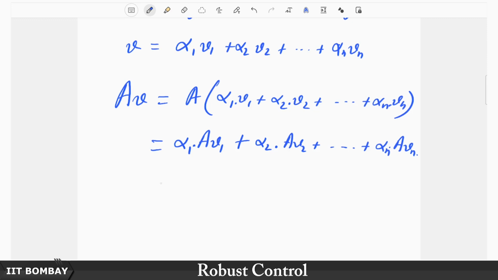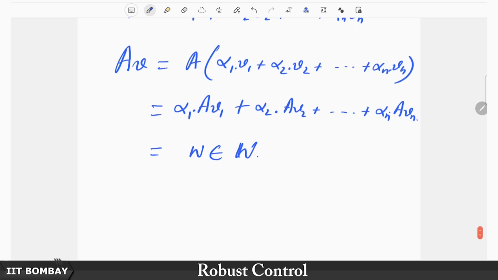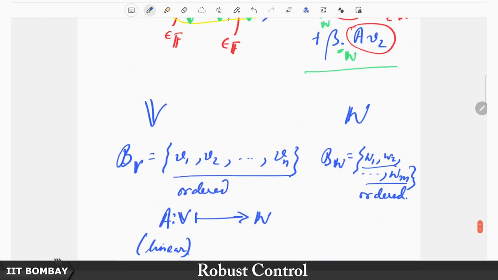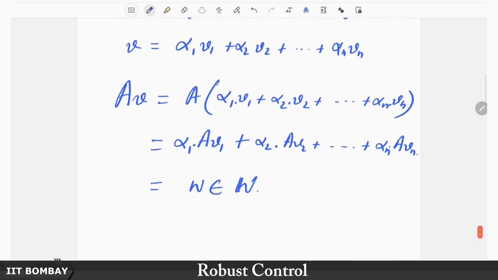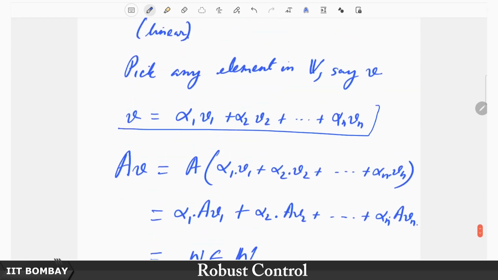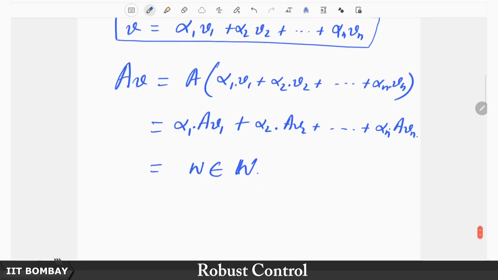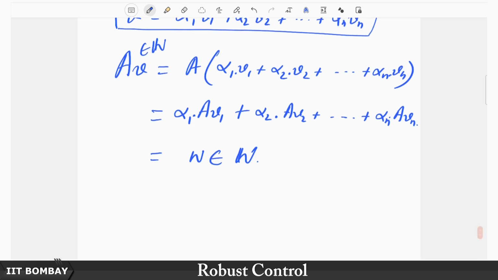But now notice that this is something that belongs to W, right, because after all A's basic task is that it maps something in V to something in W. So this belongs to W. So if this belongs to W, then it also has a representation in terms of the ordered basis BW, because originally v could be represented as a linear combination of elements in the basis of the vector space V, but once I have allowed A to act on v, now this is an element in W. So clearly this has a unique representation in terms of the basis elements in W, right.